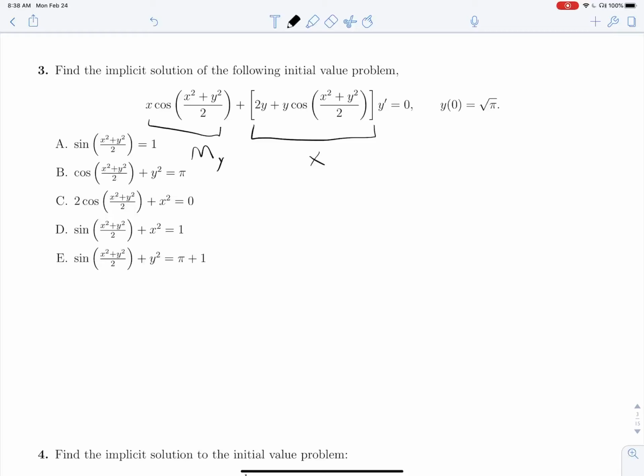And the way we check that is we see if the partial derivative of M with respect to y is the same as the partial derivative. We're not calling this x, we're calling this N. I'm not sure why I said x. The partial derivative of N with respect to x.